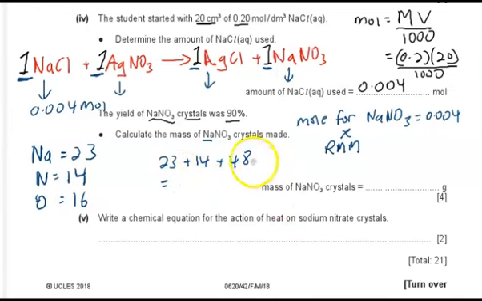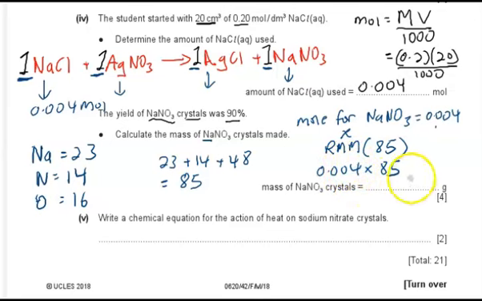Then you add all, you got about 62, plus 23, you got about 85. So RMM is 85. So we multiply 0.004 with 85, you'll be getting 0.34 gram. 4 marks over here.